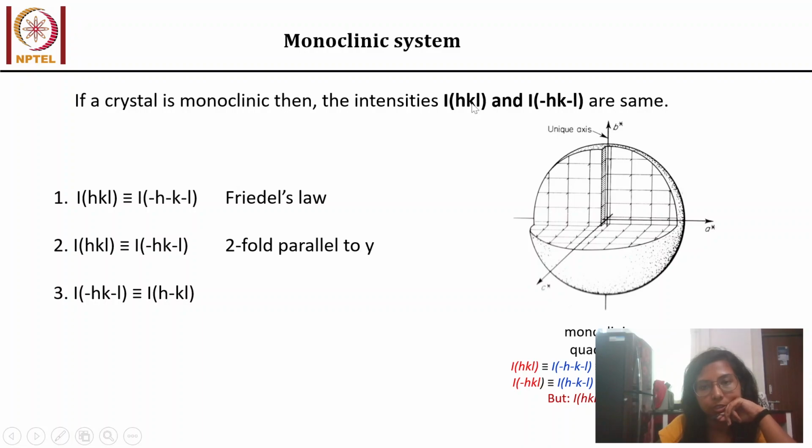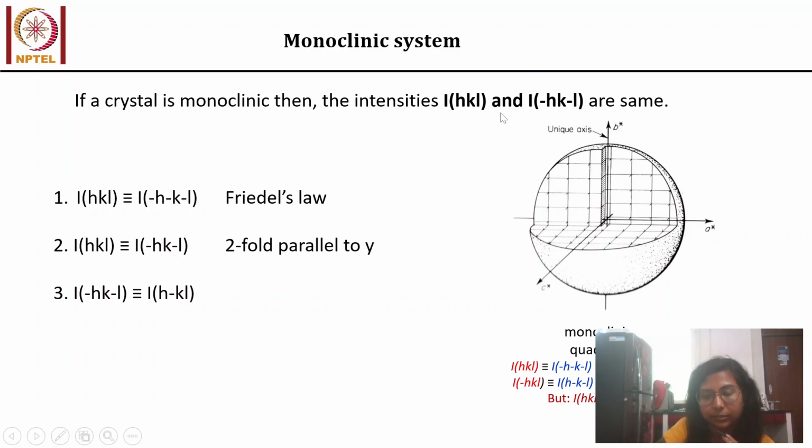So if we rotate along B, that is along this K, then if there is twofold symmetry, it means that the intensity of IHKL will be equal to the intensity of I minus H K minus L, because of the twofold symmetry.